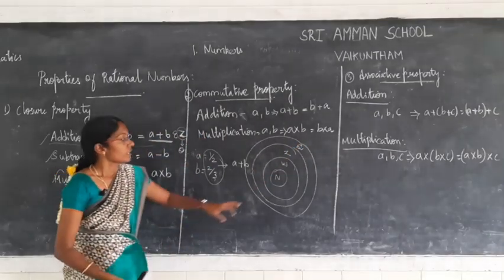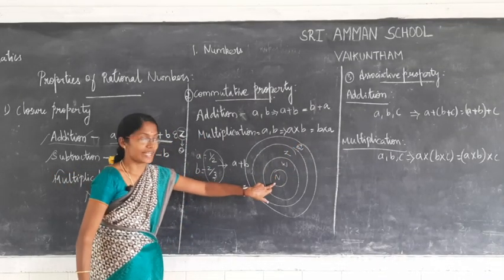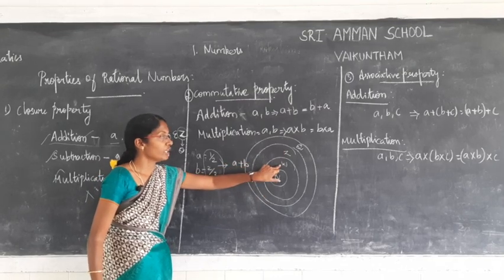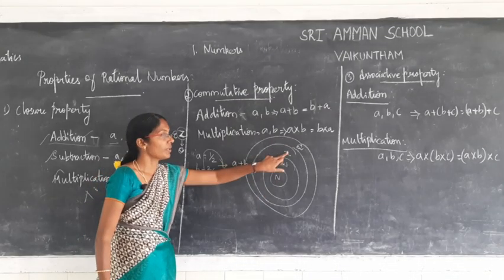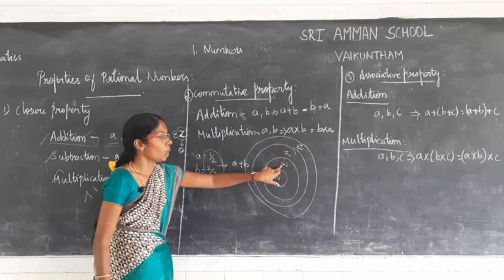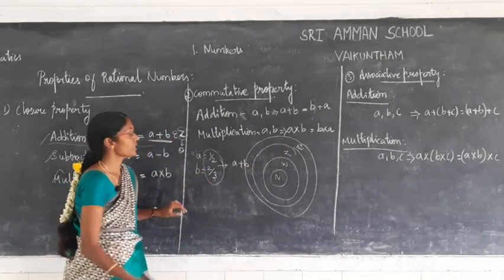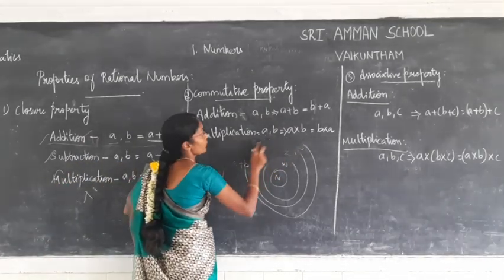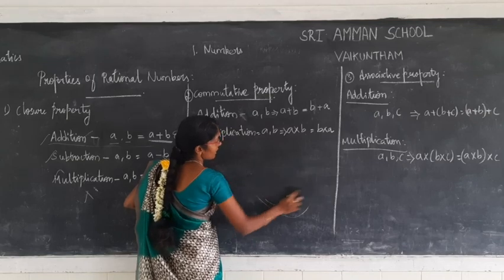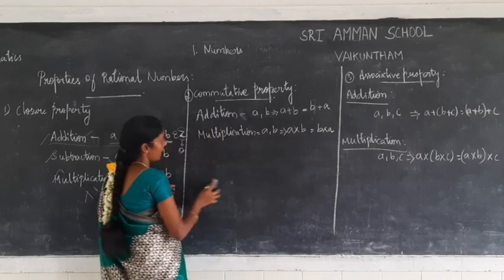Whole numbers include natural numbers. Integers include whole numbers. Rational numbers include integers, whole numbers and natural numbers.